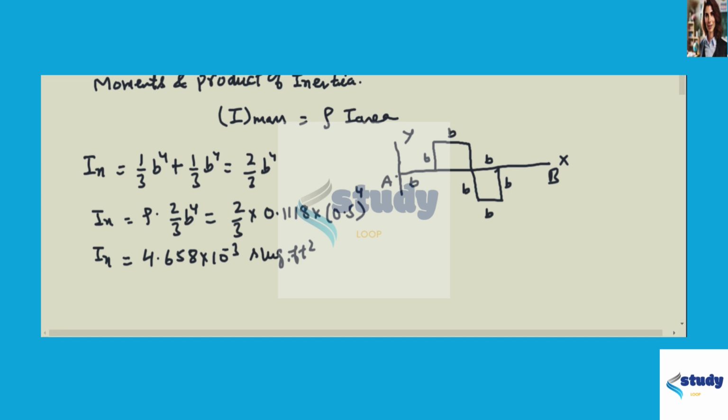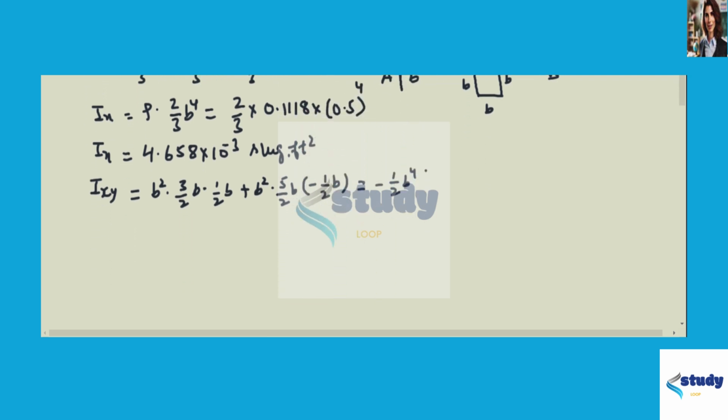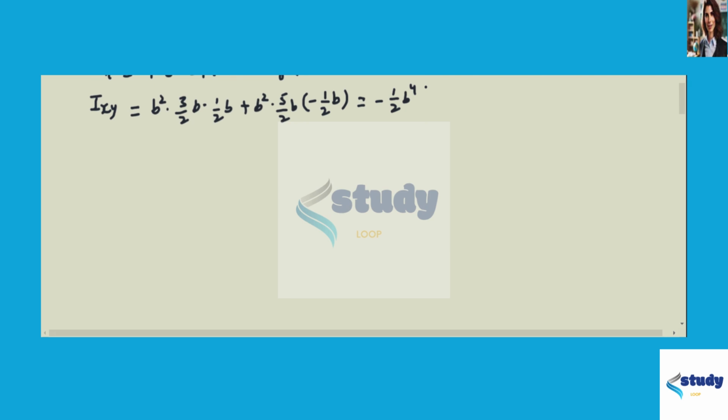Similarly, you can find Ixy. It can be written as b square into 3 by 2 b square, b into half of b, plus b square into 5 by 2 b minus half b, then you will get minus half b to the power 4. This is area.